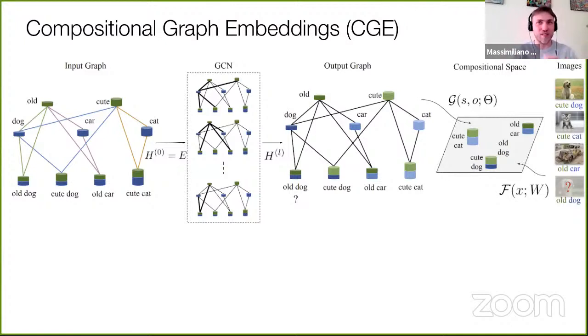Otherwise, you don't know what to predict at test time. So you need a list of unseen compositions that you are interested in, and based on these unseen compositions, you can then use them to build your graph. You don't have images for those, but you can build the connections and use them during training. This is the idea. So there's a sort of small bias implemented in training.